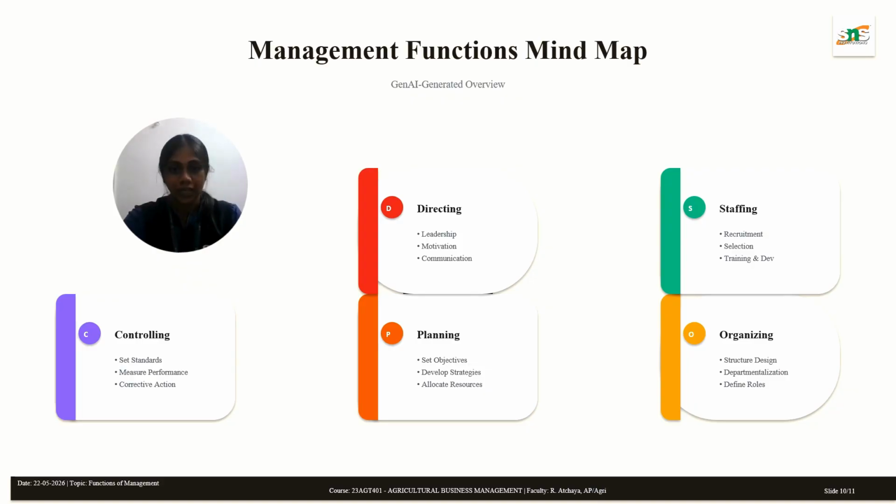For example, if the expected tomato yield is 30 tons per hectare, but actual production is lower, the manager identifies the reason and takes corrective measures. Thus, controlling helps organizations continuously improve their performance.